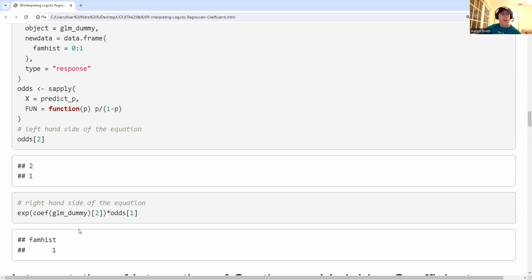Now if I apply the formula, and remember the change is equal to 1 so I don't need to do the multiplication, I take the exponential of the coefficient times the change, then multiply by the odds, and boom, I get the same value I have here. Isn't that interesting?